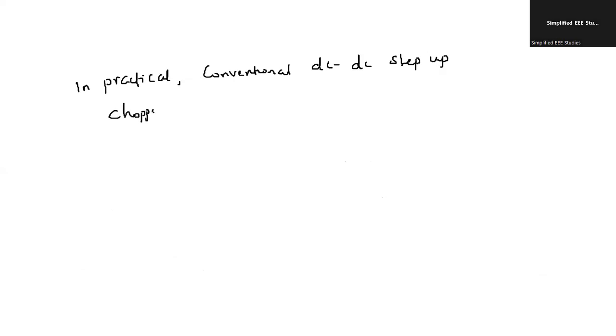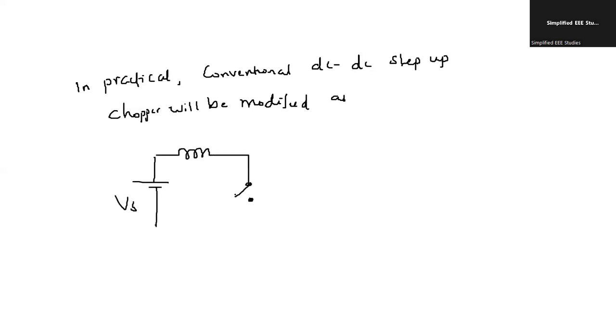Practically, we are going to modify the conventional DC-DC step-up chopper. We can modify it like this: Vs, then we have the inductor, an energy storage element, then the power switch.